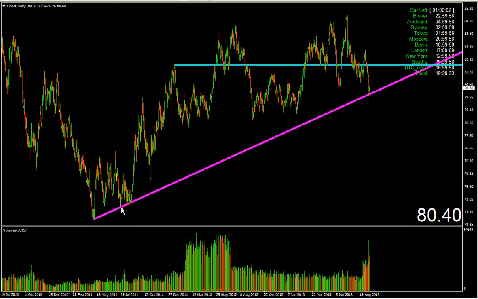So the interesting point is, look at this, guys. Here we've got the lows of 2011 in February, March, and the lows in June, July. If we create an extended line, we see we fall down more or less to this trend line. The interesting point is this line, the highs of 2011, 81.76.